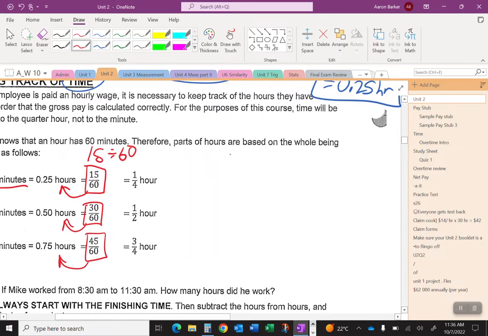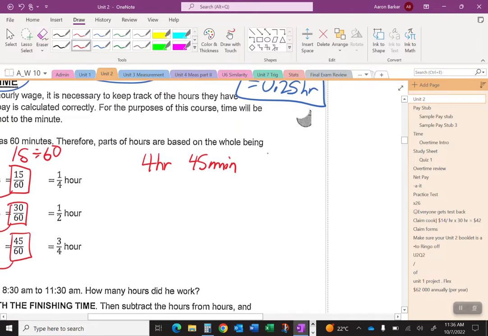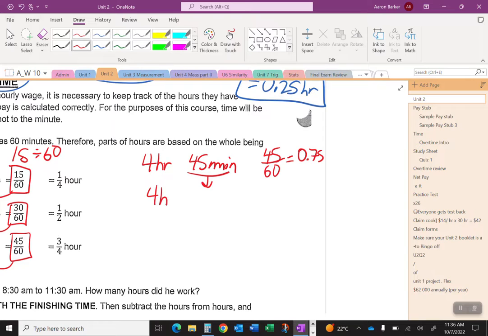Quickly showing you, for example, 4 hours and 45 minutes. We would convert 45 minutes into hours. And if you didn't know what it was, you divide by 60 and it'd be 0.75. So this, in fact, equals 4 hours plus 0.75 of an hour.